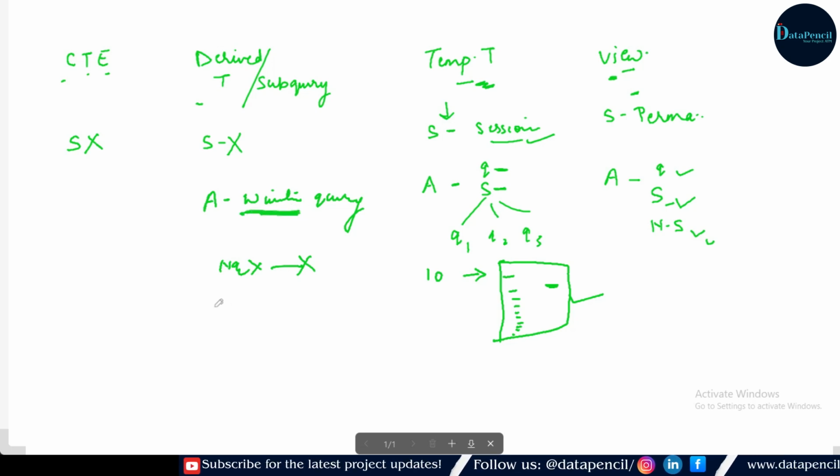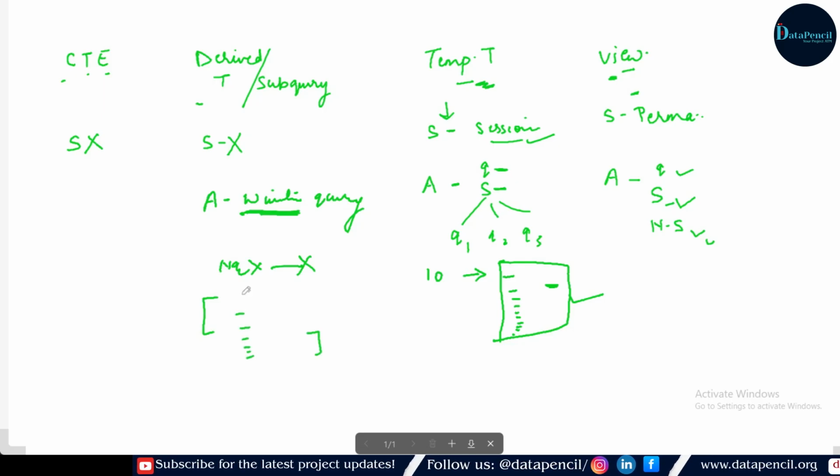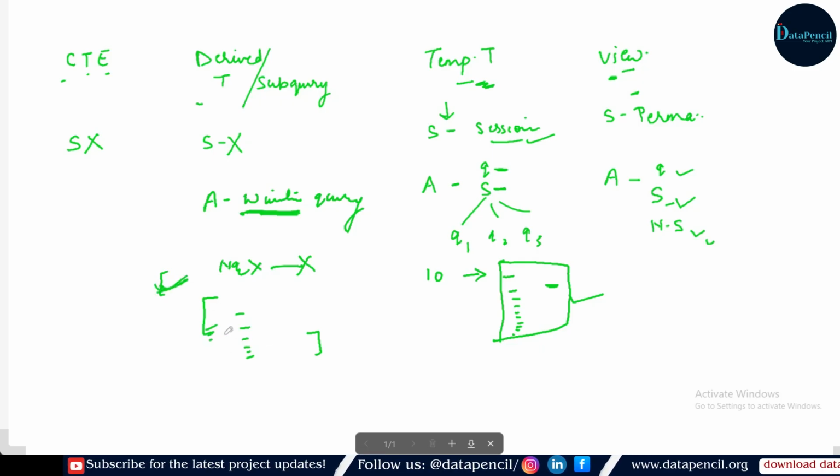Now, suppose we have written a query. Our main query starts from here. Now this is the derived table or the subquery. Later on within the same query there is a need to use this subquery again.